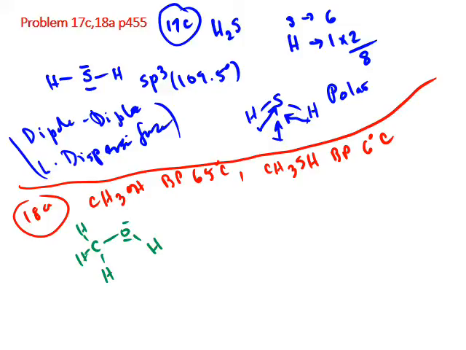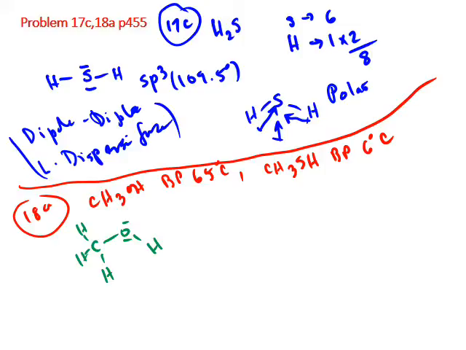I'm assuming that at this point you know what kind of shape it would have. It is bent because oxygen has sp3 hybridization, angle would be 109.5, so you cannot draw it as a linear geometry around oxygen. So that's what you have for CH3OH.